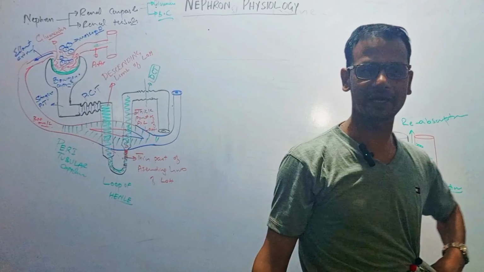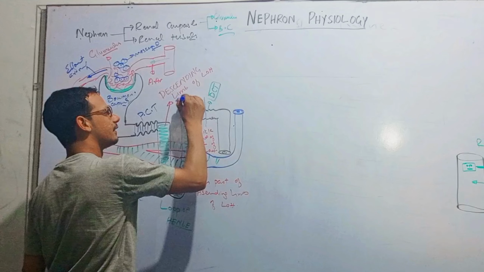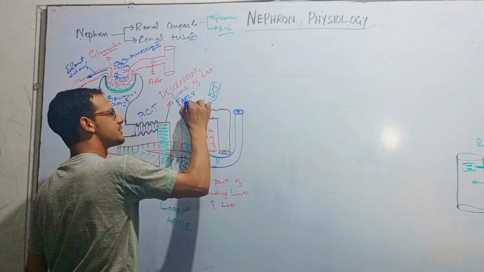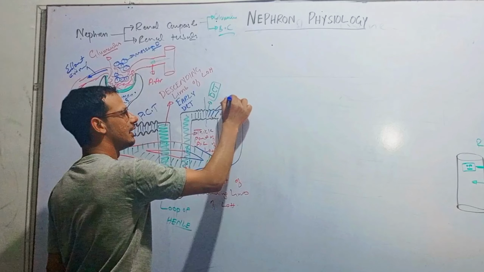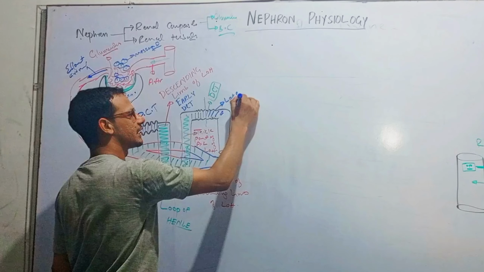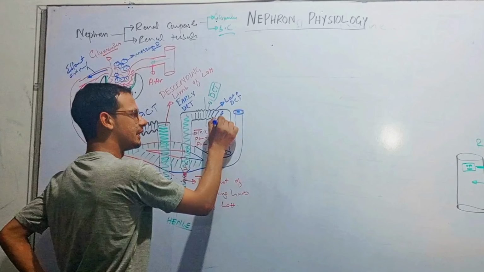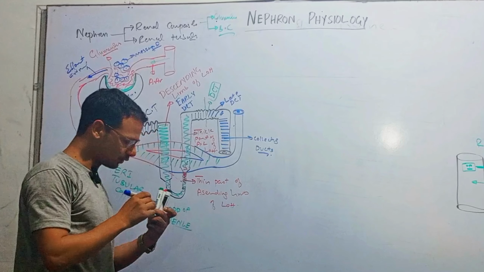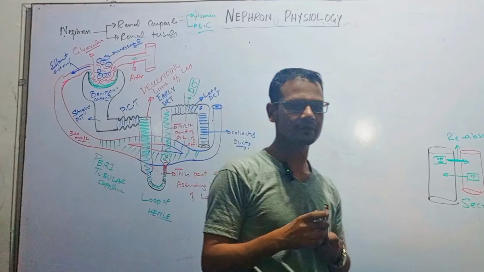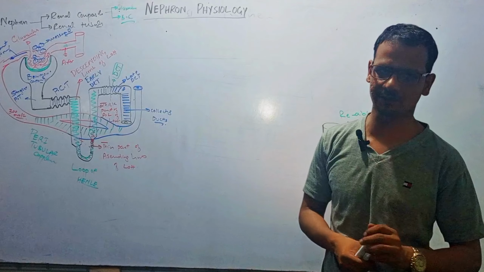So this part is called the early distal convoluted tubule, and this part is called the late distal convoluted tubule, and this part is called the collecting duct.